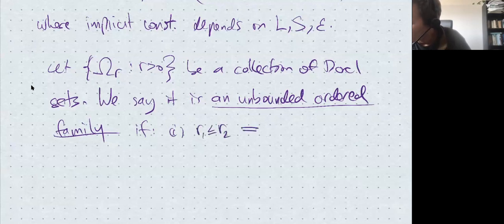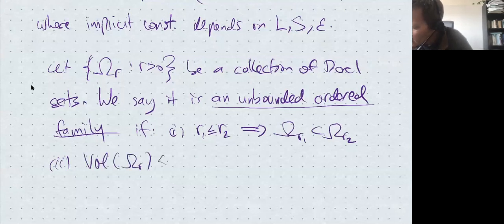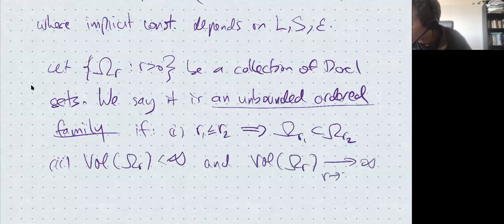Ordered means that these sets are nested: the set corresponding to a bigger parameter contains the set corresponding to a smaller parameter, for every choice of the parameters. The volumes of each of these sets are finite, but they tend to infinity as the parameter tends to infinity.